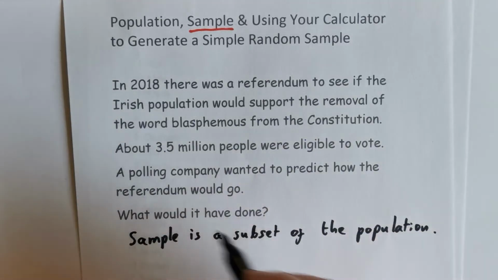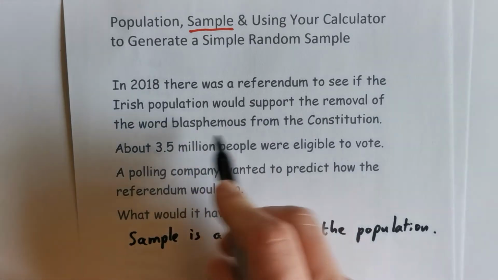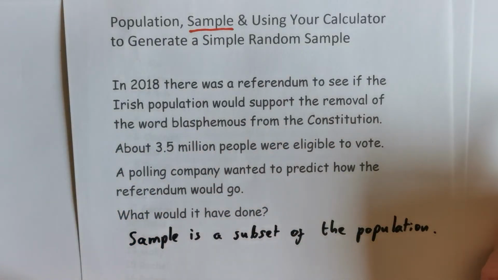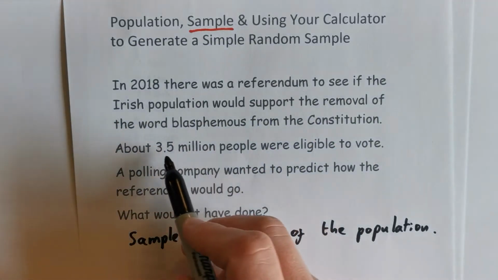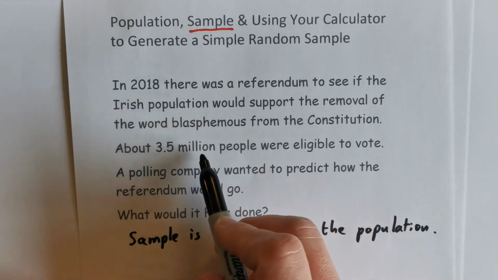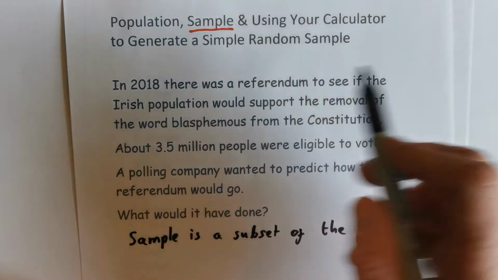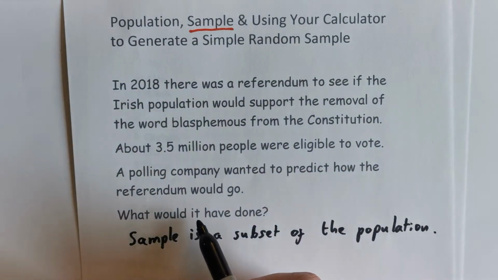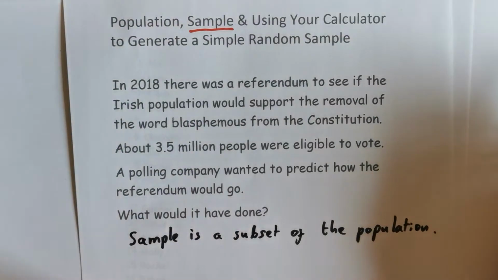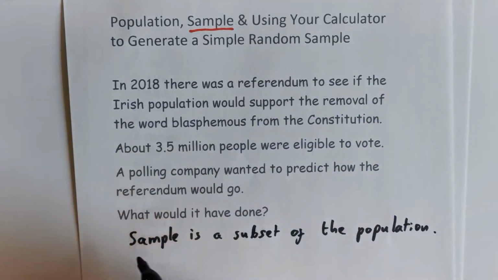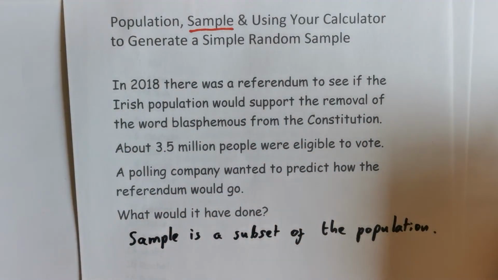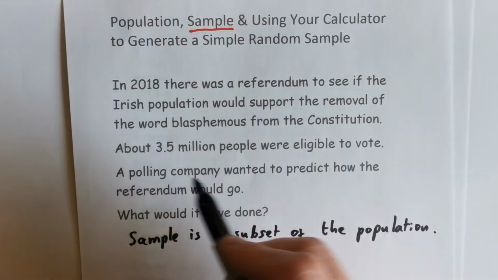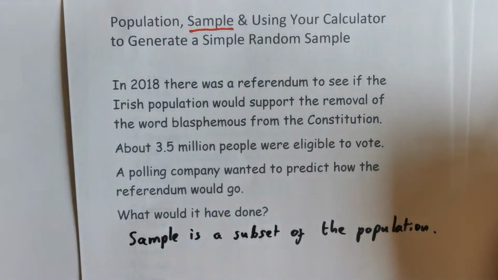In other words, it's some group of people within this 3.5 million people. So the sample has to be people who are part of this 3.5 million people who are eligible to vote in the Irish referendum. There's no point in going to Japan and asking a Japanese person how they would vote in this referendum. It wouldn't make sense. They're not part of the population, so that wouldn't be part of the sample. The sample would have to be somebody who's eligible to vote in the Irish referendum.